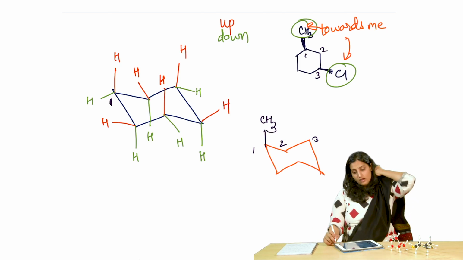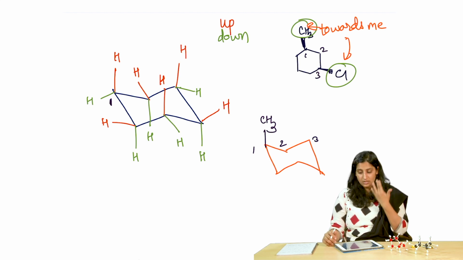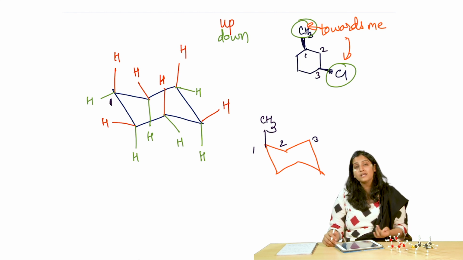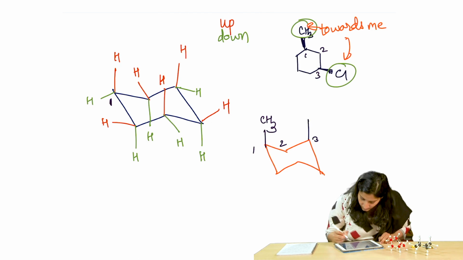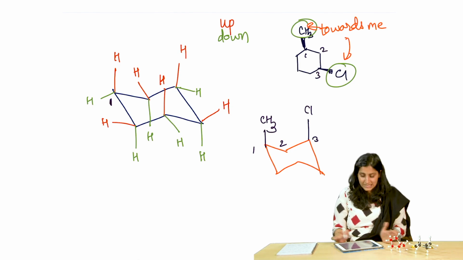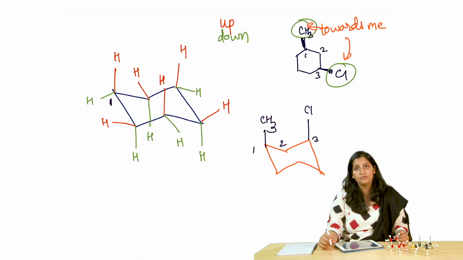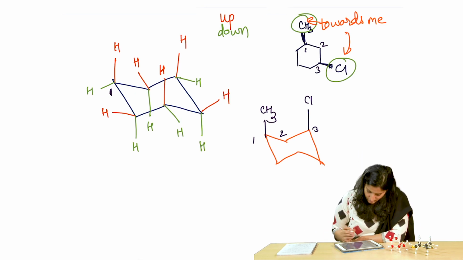On carbon number 3 now, the group that is coming towards you is chlorine, and the group that is coming towards you here is the axial group, right. So, again it has to be an axial up group. So, this is probably the right representation of this particular 2D form. I am going to do one more example such that it becomes clear.